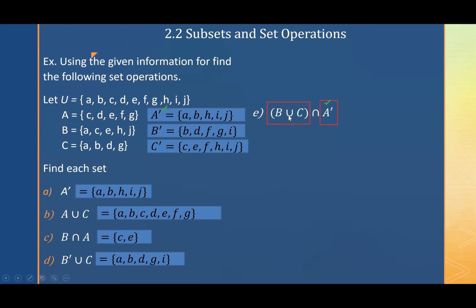And hopefully you guys heard me, union. If you see union, meaning we unite them, you take whatever is in B and combine them with whatever is in C. That's what the union is. We take whatever is in B and put it together with C, which is A, B, C, E, D, E, H, G, H, J, right?